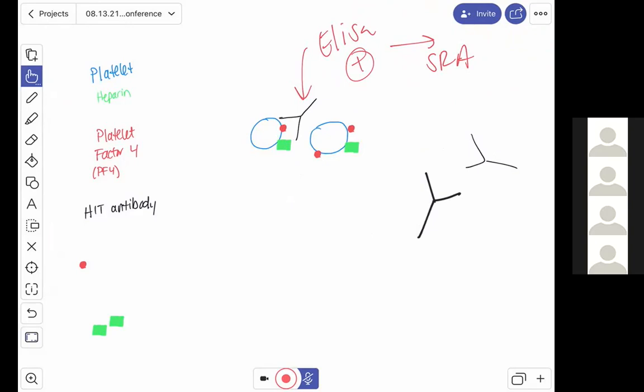Now, like Roxana or somebody mentioned, these tests don't come back right away. And HIT is not a diagnosis where you can wait until the test comes back and then take your management action. So has anybody heard of another thing we can use to help predict the likelihood that a patient would meet criteria for HIT? Yeah, the 4T score. I try to remember it like platelet factor 4T score, so it's a numerical similarity.